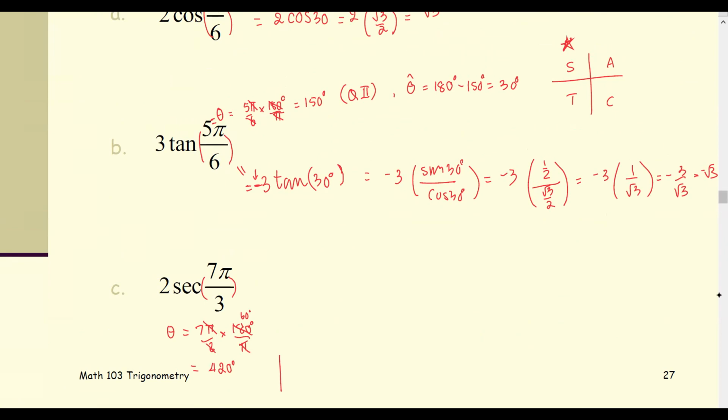An angle of 420 degrees is more than one revolution. So let's go a further 60 degrees, and it's located in the first quadrant. That means the reference angle is 60 degrees, which is the difference of 420 and 360 degrees.